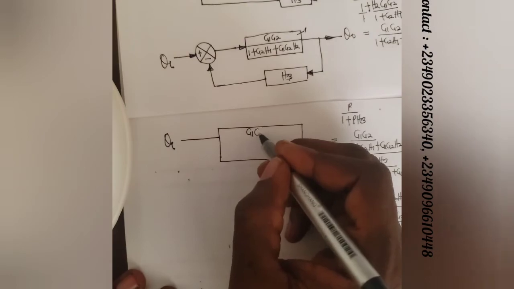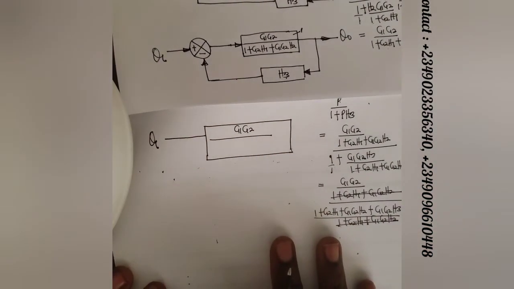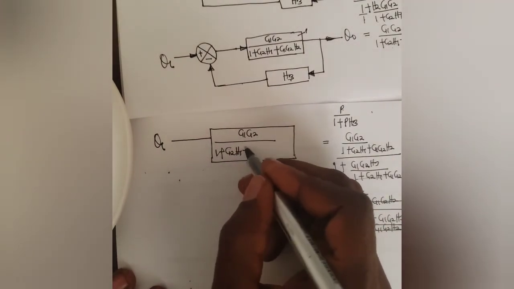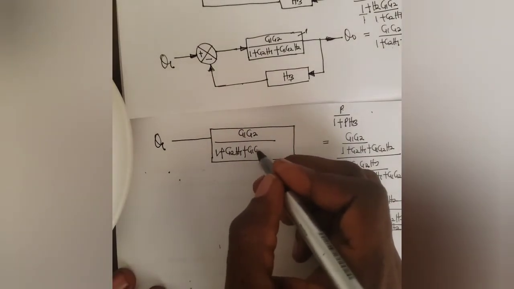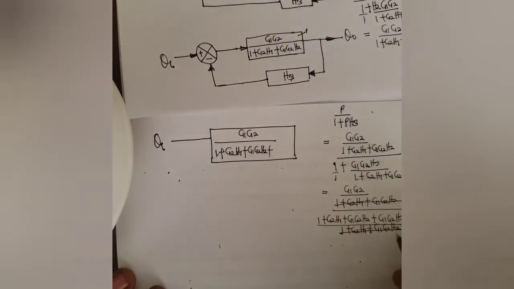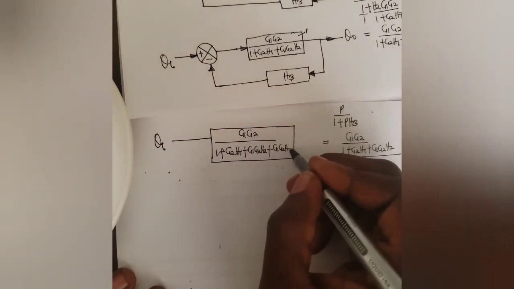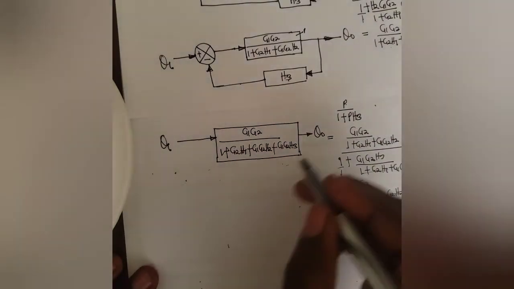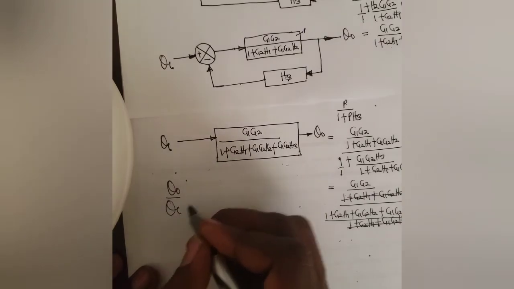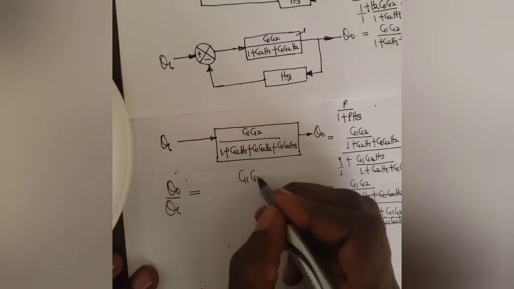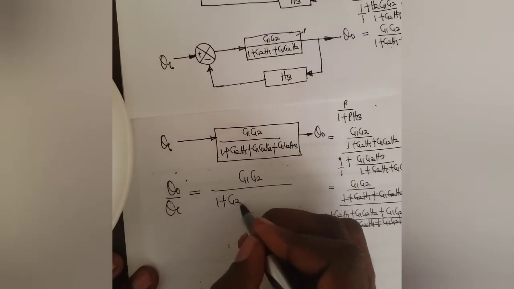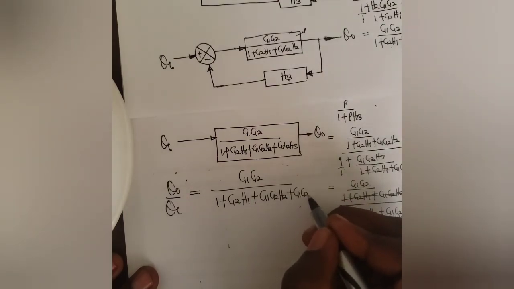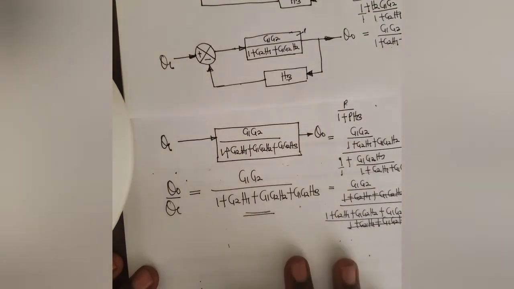G1 G2 all over 1 plus G2 H1 plus G1 G2 H2 plus G1 G2 H3, then with my output signal. So my given transfer function, output signal over input signal, is going to be G1 G2 all over 1 plus G2 H1 plus G1 G2 H2 plus G1 G2 H3. So this is what I'm going to be having.